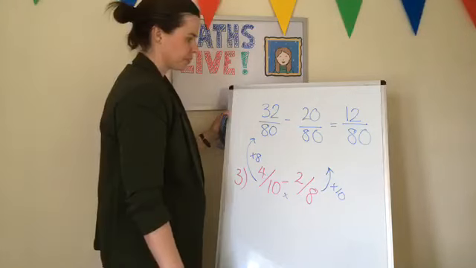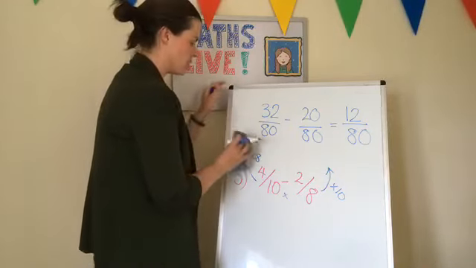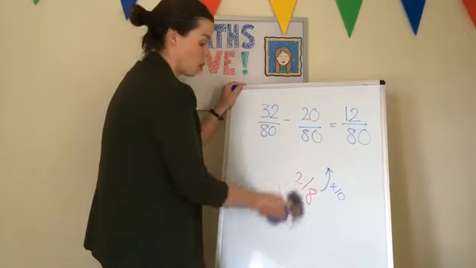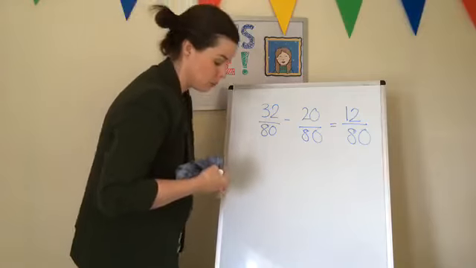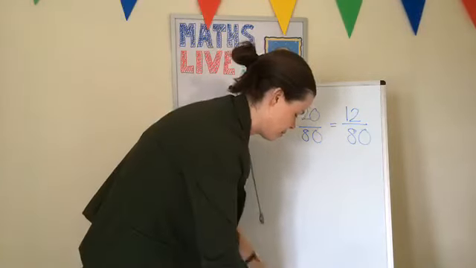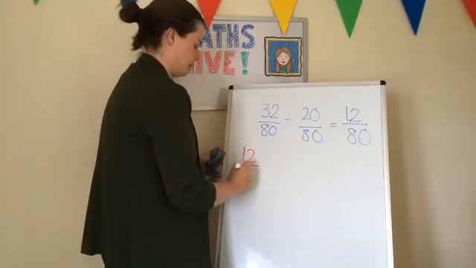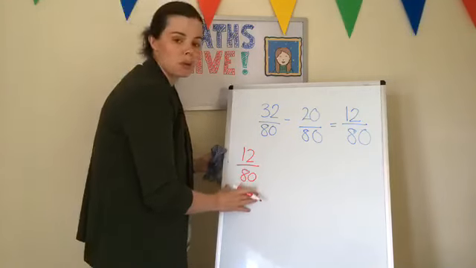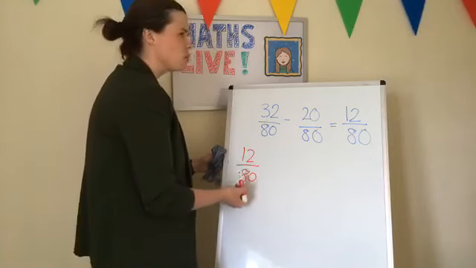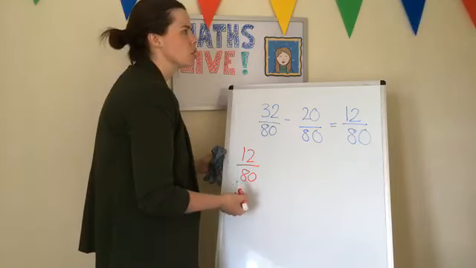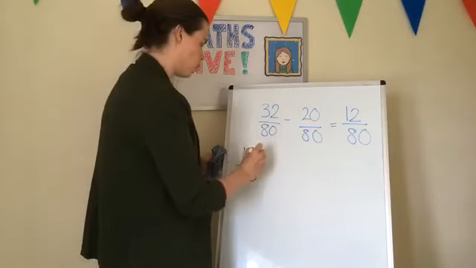Okay, so a lot of you got that answer, and that's really, really good, but I saw some of you go ahead and do some simplifying, which was amazing. So again, 12 over 80, can I simplify? I know I can because they're both even numbers. What number is in both their multiples? 4.